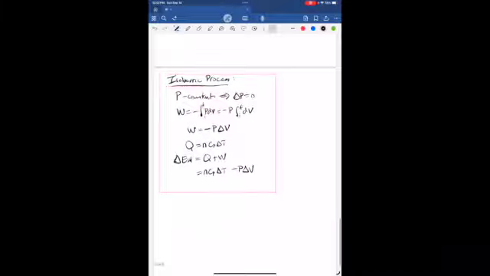Next, we discussed an isovolumetric process. During an isovolumetric process, the volume is held constant. This implies that the change in volume is zero.